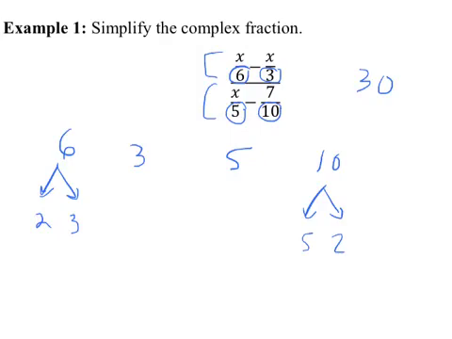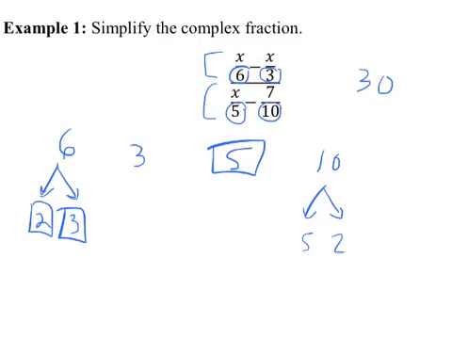So take a look at all the primes. 2 occurs once, no more than once in any of them. 3 occurs once, at least in one of them. And 5 occurs once. There's no doubles of any of them in any of them individually. What's 2 times 3? What's 6 times 5? There's your least common denominator. Always break up your denominators into their factors. It will work every time. Is that clear? Because in a minute, when we have variables, this becomes much more difficult. With numbers, it's easy. 30, boom, you're done.